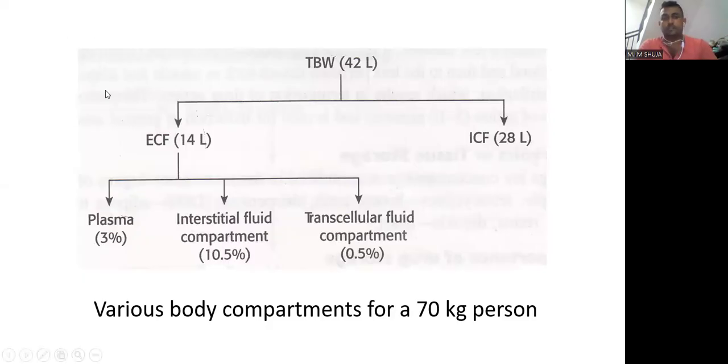In the extracellular, you have plasma, interstitial, and transcellular fluid. The plasma is where you now have your drug. From here onward, it either goes to this compartment or to the intracellular compartment. Reversible means even from all three compartments, at one point, it may come back to the blood.